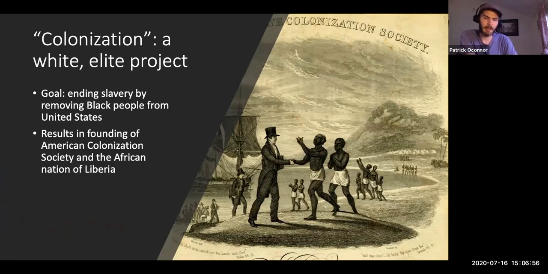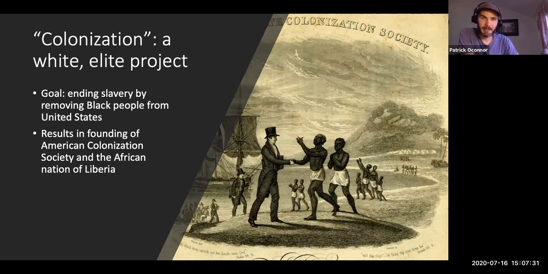So if Southern slave societies were to end slavery, they would have to adopt a scheme called colonization. And what that meant was sending former slaves to Africa, creating colonies, American colonies, and settling them with formerly enslaved people. Even though almost all of these people had been born in North America, and very few of them had actually ever set foot in Africa.